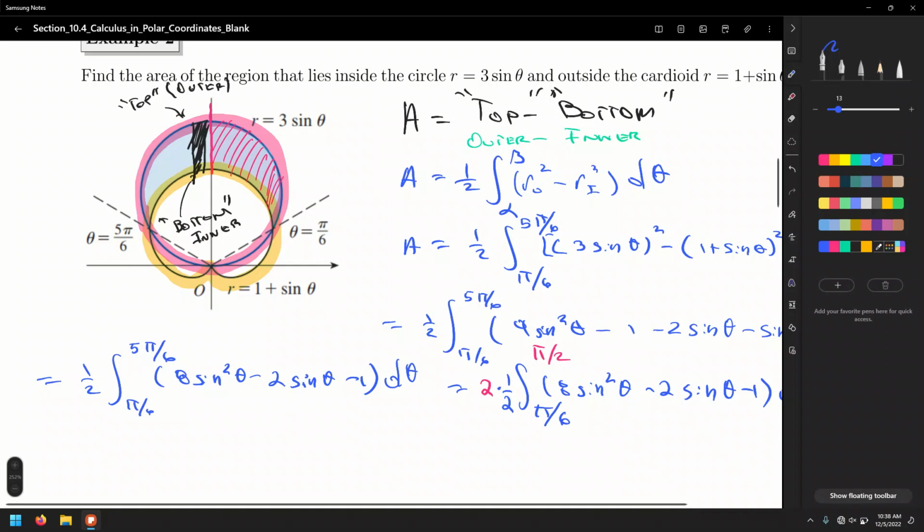So taking advantage of the symmetry indeed makes the problem a lot easier. Well, cancel this, to simplify the integral to simply the integral from pi over 6 to pi over 2 of 8 sine squared theta minus 2 sine theta minus 1 d theta. Okay?